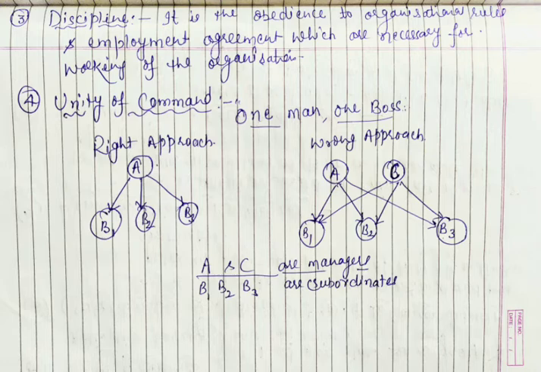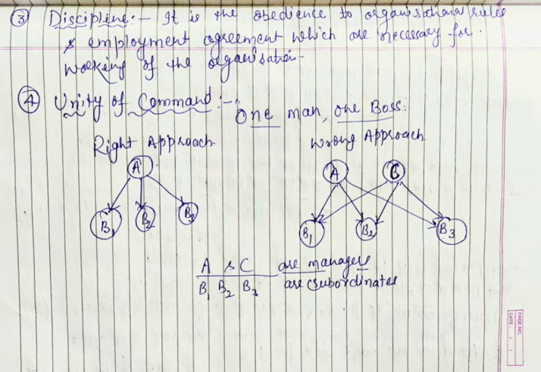A is senior or we can say boss, where B1, B2 and B3, these three are the subordinates who are having their manager A. B1 gets orders only from A, and the same B2 and B3 also, whenever they get orders, they will get orders from only and only A. This is the right approach, that one man, one boss. They will do their work carefully.